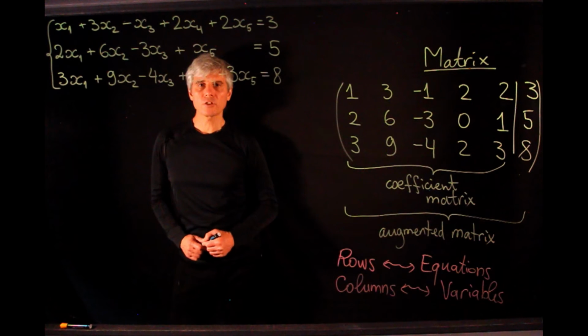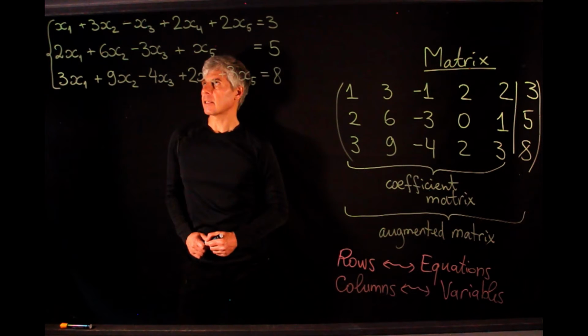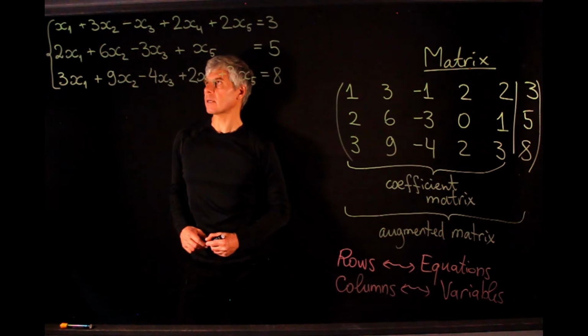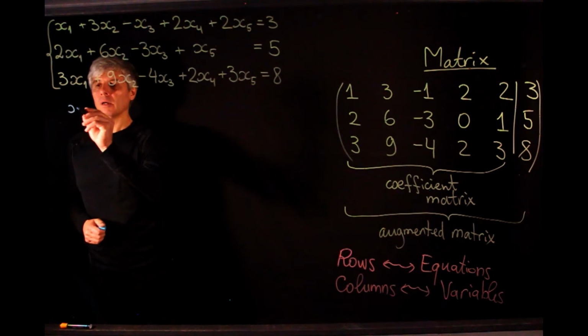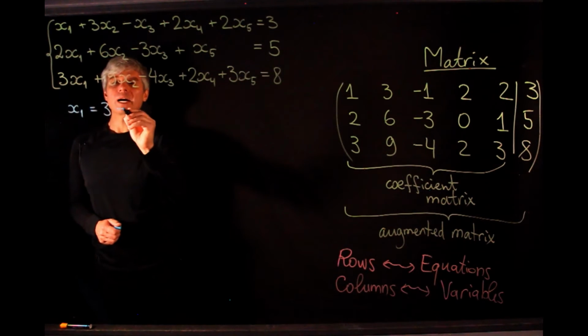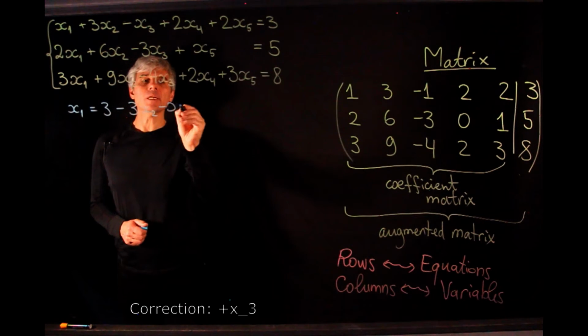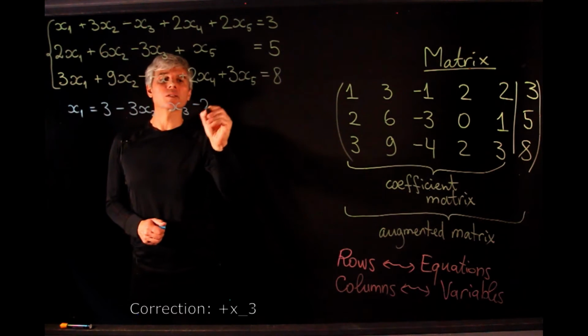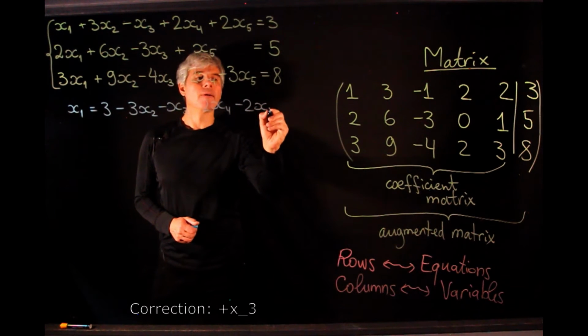What is the general idea for solving systems of linear equations? The basic idea is to express one of the variables, say x1, from the first equation. So we can write x1 is equal to 3 minus 3x2 minus x3 minus 2x4 minus 2x5.